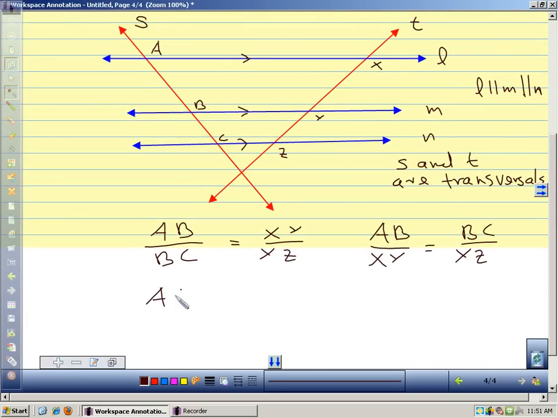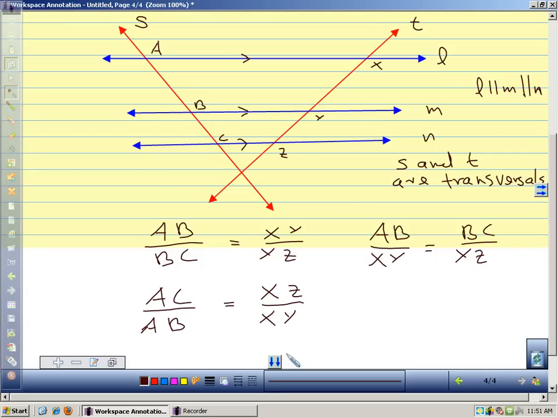I could say that AC, this whole length, divided by AB, equals XZ, this whole length, divided by XY. So those are three of the proportions that come out of the side-splitting corollary.